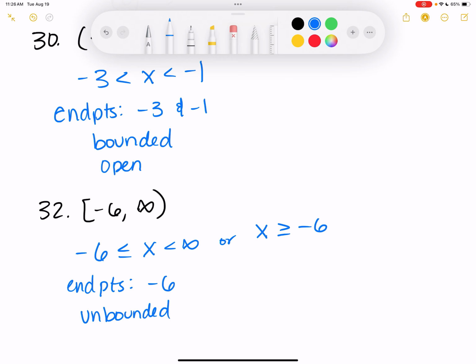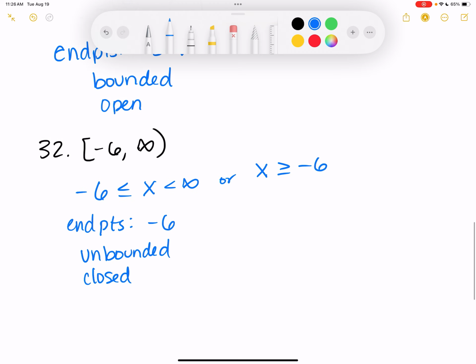Half open. Nope. It's just closed. So if we have infinity, it would still be considered closed. If it was -6 and then, say, infinity instead was an 8, then it would be half open. So it has to be a number that we can actually process.